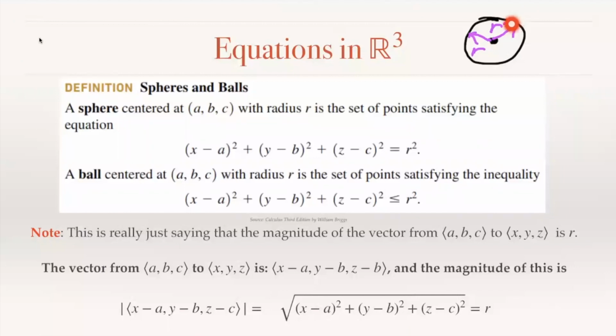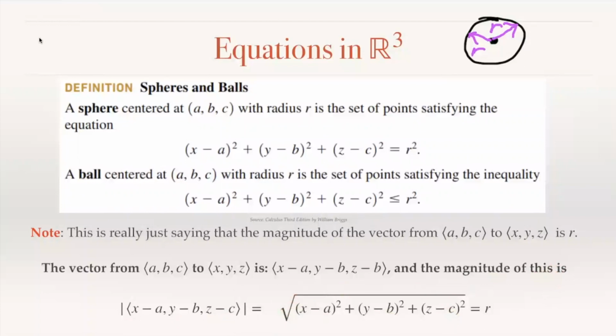So how do we get that? Well, a given point (x, y, z) being of distance r from its center (a, b, c) means that the magnitude of the vector from (a, b, c) to (x, y, z) is r. So the vector from the center to a given point on the sphere is the difference of the 2 vectors, which is <x minus a, y minus b, z minus c>, subtracting the corresponding coordinates. And the magnitude of that is the square root of the sum of the squares of the components.